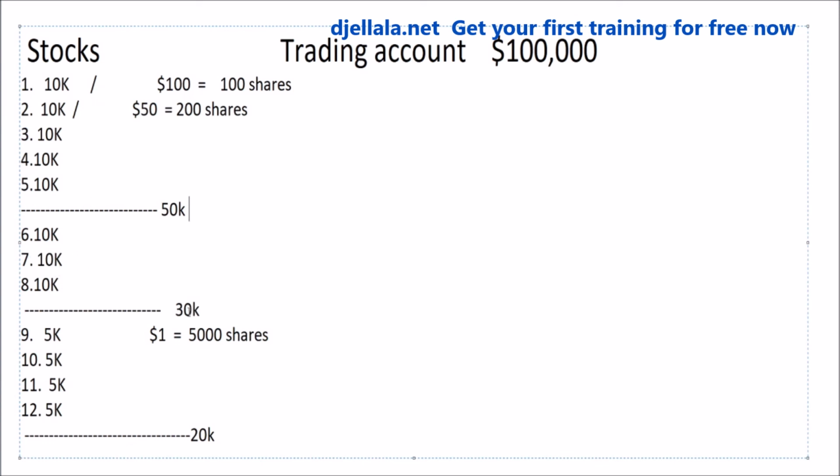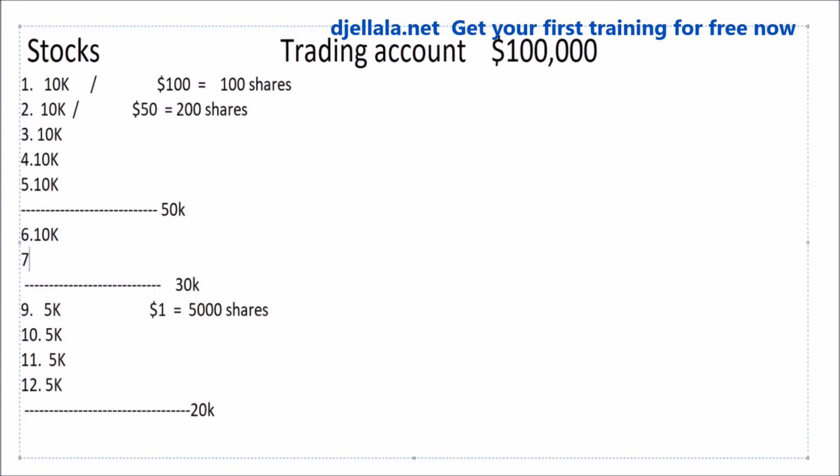I give it 30K. It means it's only one stock. So here your account will become more risky because you are putting bigger positions.